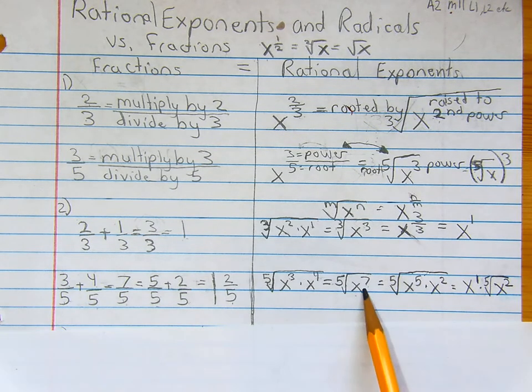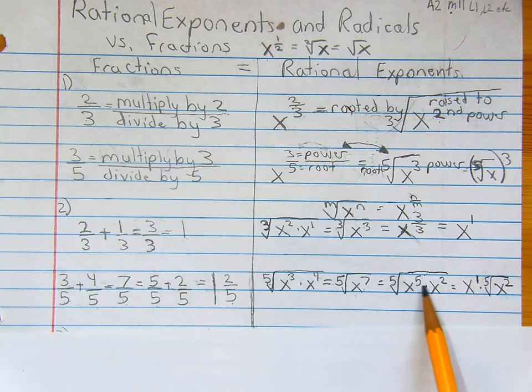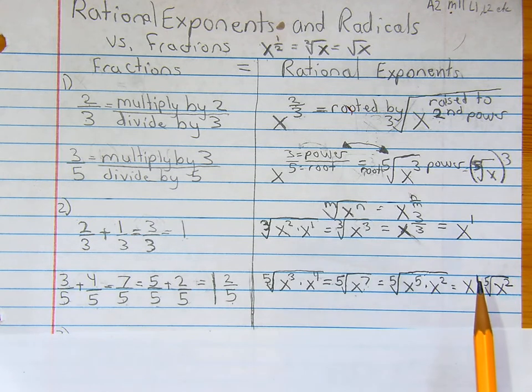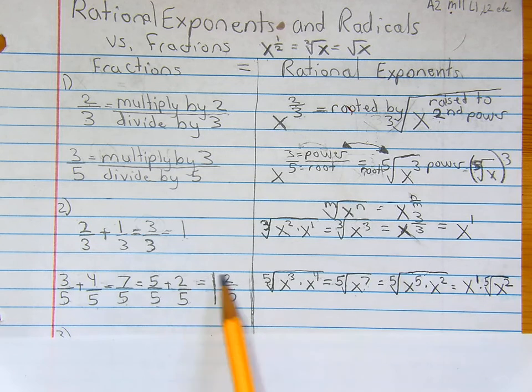So I can rearrange my exponents to make an x to the fifth and an x to the second. Then if I break these into two separate radicals, I would have the fifth root of x to the fifth, which simplifies down to just x to the 1, and the fifth root of x squared. And that is what I'm left with. So here again, you can see the x to the 2/5 and x to the 1, exactly like my fractions.